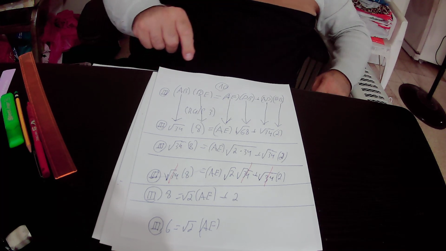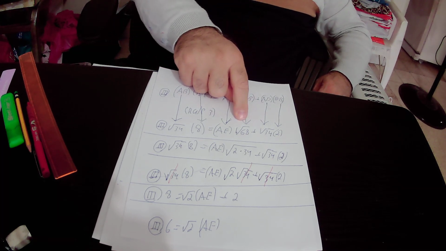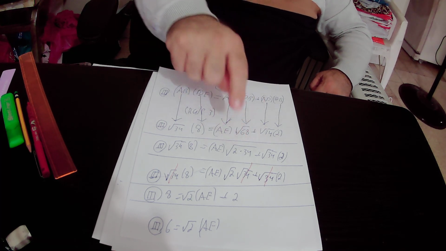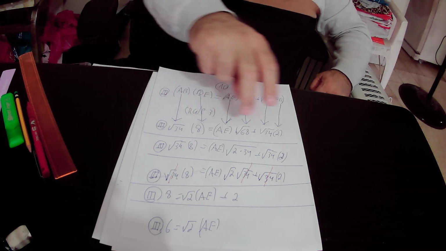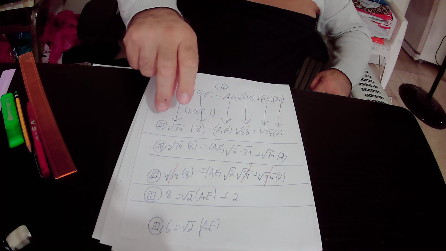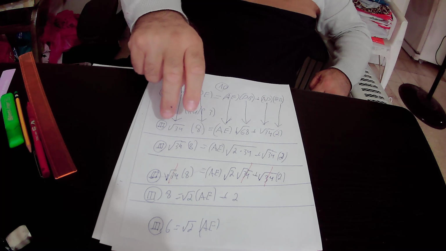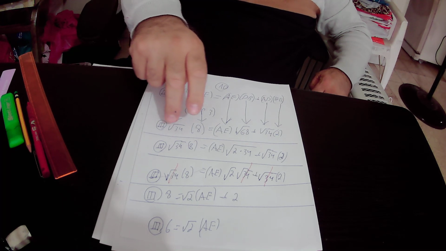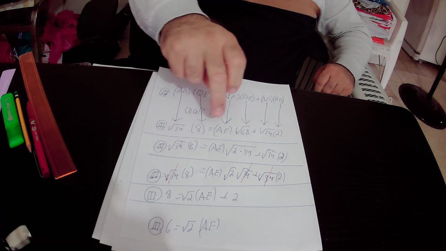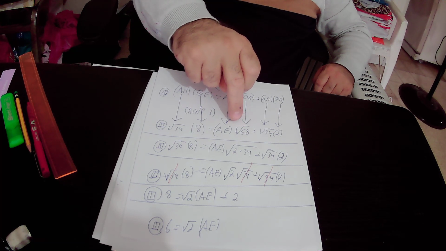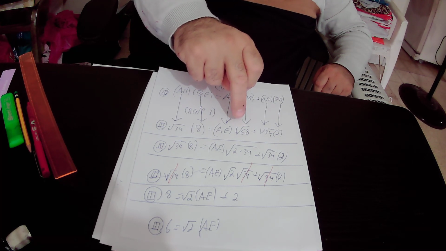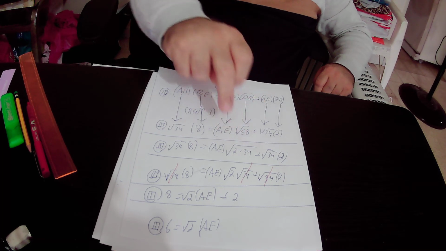And here we know that 68 is 34 times 2, so we substituted 68 by 34 times 2. All other things in this equation number 3 remain as they were. We changed nothing except 68 by 34 times 2.